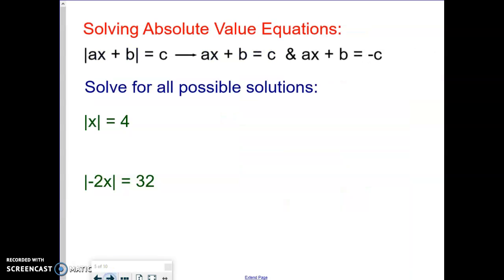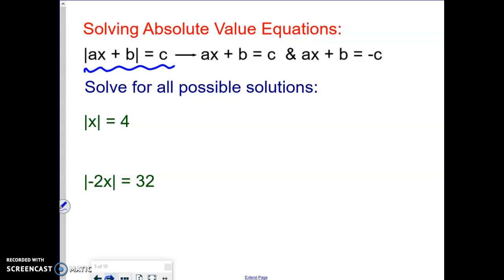Moving on. So solving absolute value equations is what we're going to start with. And this here is the general format for an absolute value equation. We have some sort of algebraic expression, ax plus b, inside the absolute values, and then we have that equal to a constant, c.